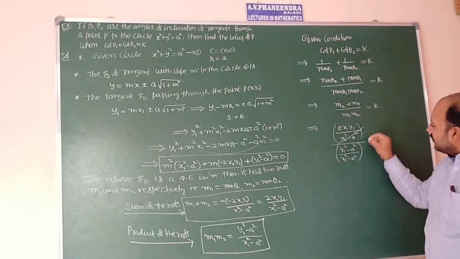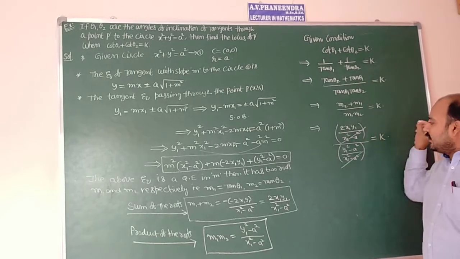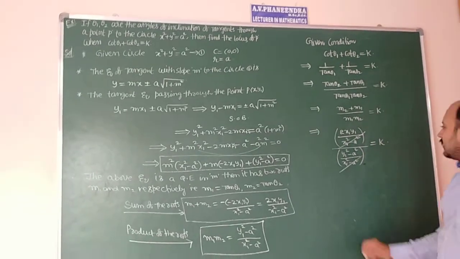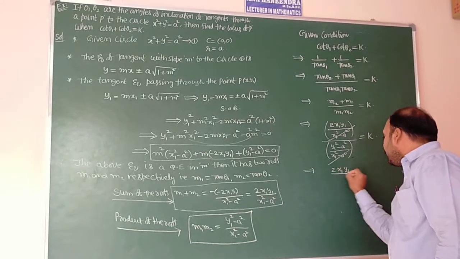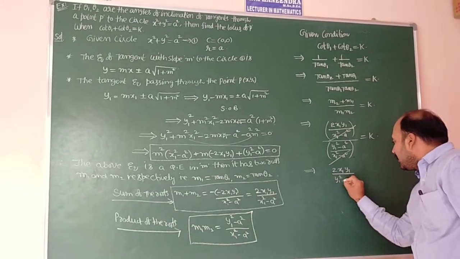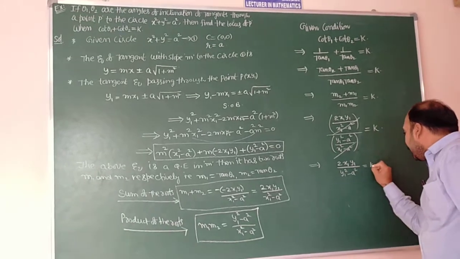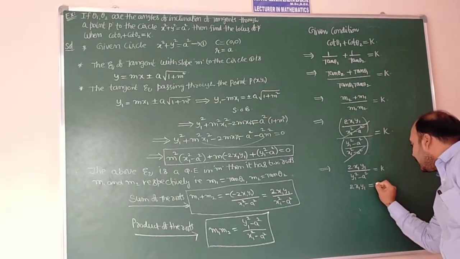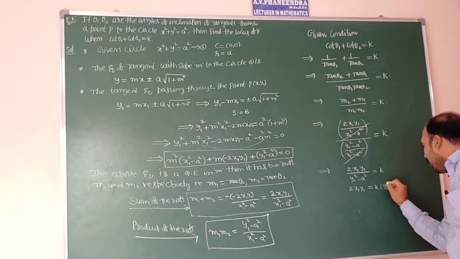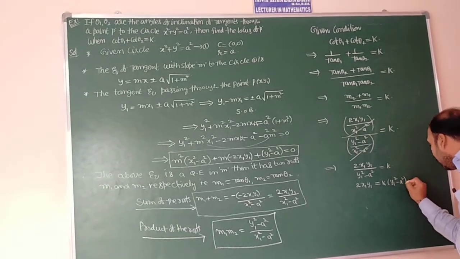So the denominator of the numerator and the denominator here will be cancelled. So we get 2x1 y1 divided by y1 square minus a square is equal to k. Cross multiply: 2x1 y1 is equal to k into y1 square minus a square.